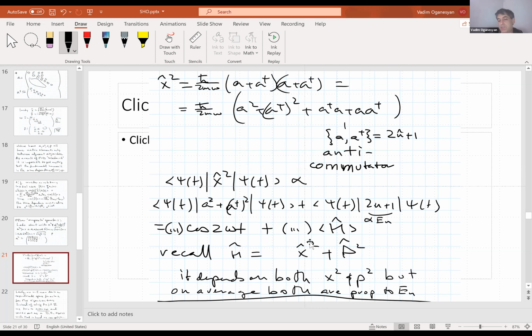But if you only look at x squared by itself or p squared by itself, they have these rapid oscillations, cosine of 2 omega t. But on average, x squared is actually given by the expectation value of the energy itself. This is related to something called the virial theorem. Depending on who taught you physics 120, you would have seen that. I think that's in the textbook, in the calculus-based physics 120.